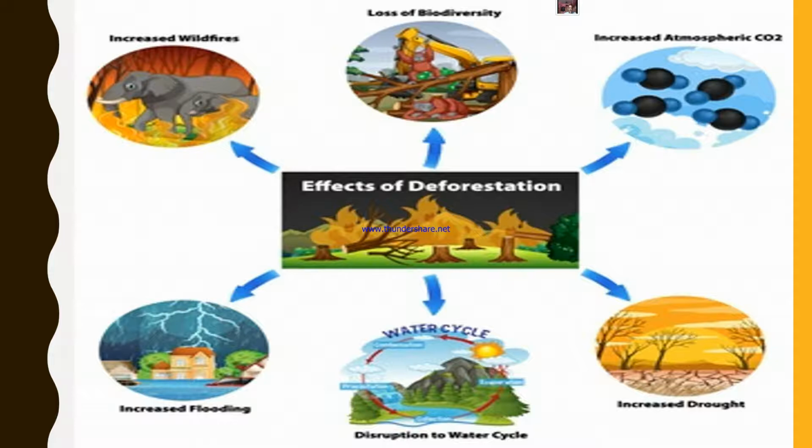Increased drought conditions, disruption to the water cycle. Obviously, water gets evaporated from the trees found in the forest also. So where are the trees now? So there will be no water cycle, or there will be change. There will be some disruption, and increased flooding.